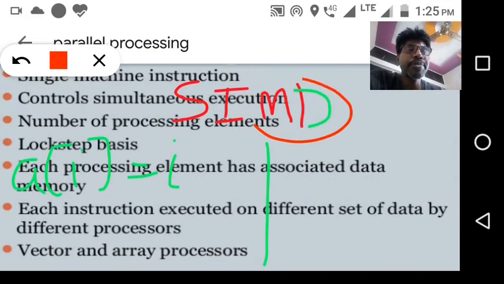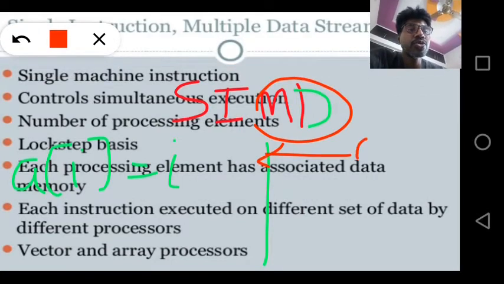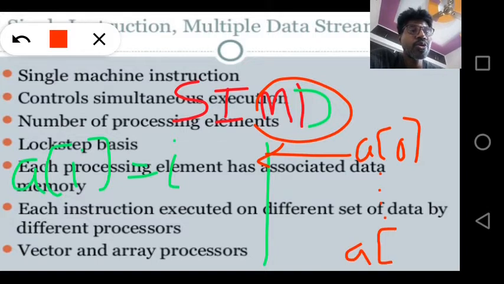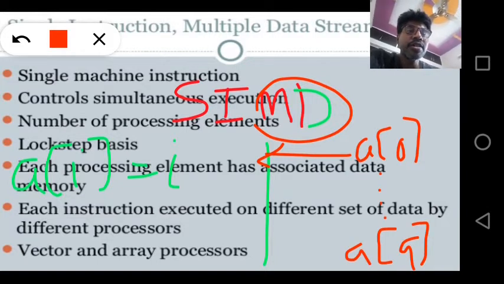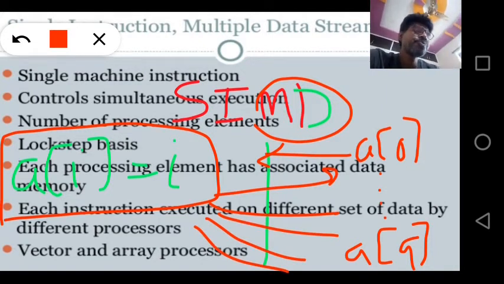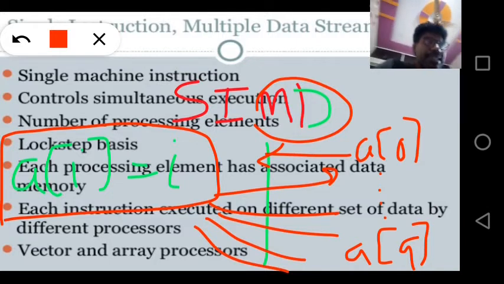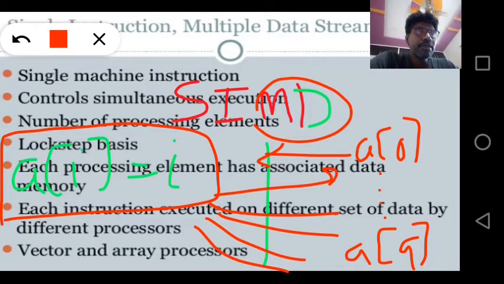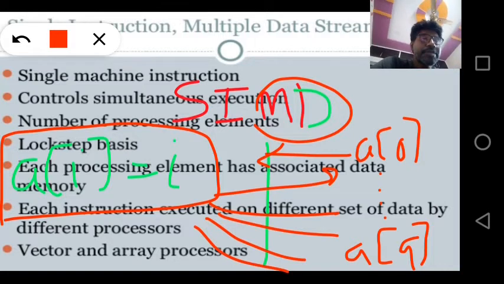We have MD, multiple data. So it should work on A of 0 to A of 9. A single instruction should work on multiple data. So an array is the best example for accessing multiple data elements at the same time.